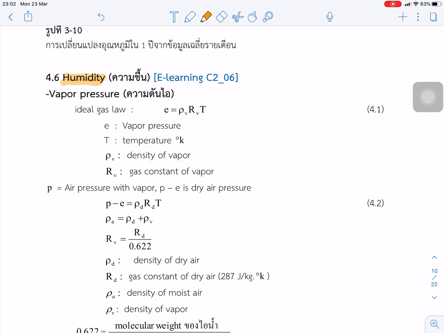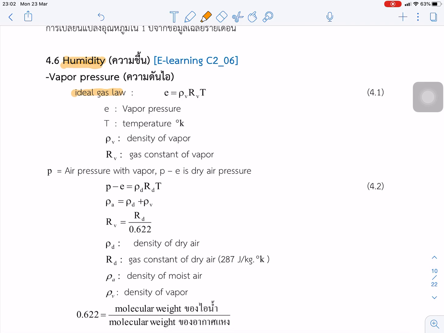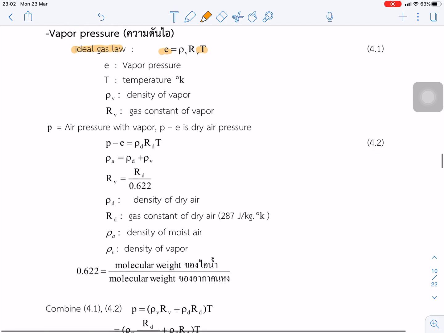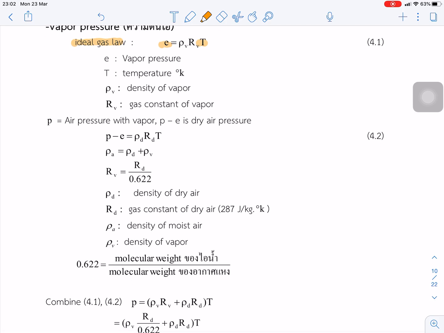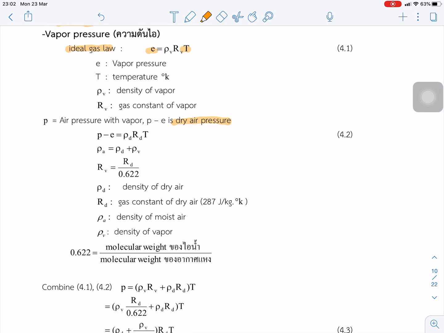We use the ideal gas law to explain the vapor pressure. The vapor pressure is a function of the temperature. The dry air pressure comes from the wet air pressure minus the vapor pressure, so we get the dry air. So this is the equation of dry air.